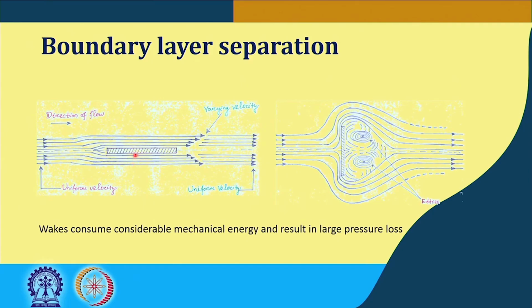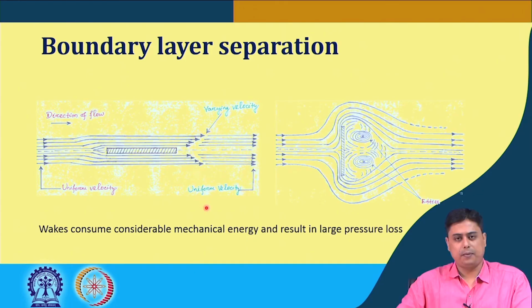Now, the point is that when that happens and at the end of this flat plate, okay, there will be still some gradient in the flow, but as we go along this distance in the positive direction, we can again have uniform velocity after a certain distance.